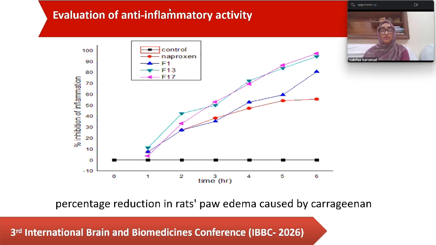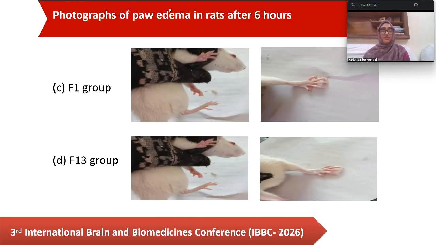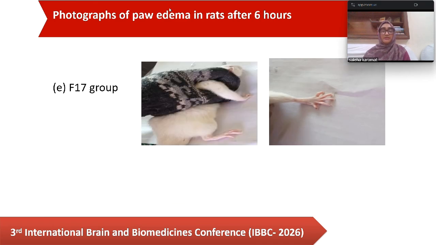Next is the evaluation of anti-inflammatory activity. It shows that the inflammation is reduced in the formulations F13 and F17. In this, there are 6 photographs of the paw of rats that show that the inflammation reduces as time passes.